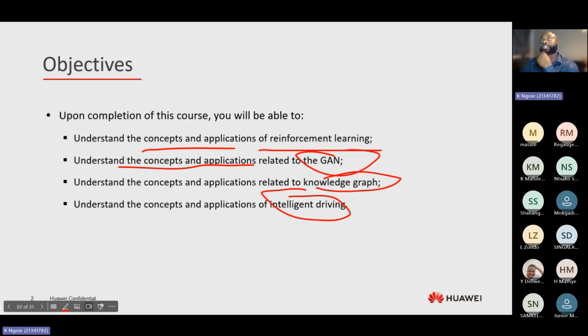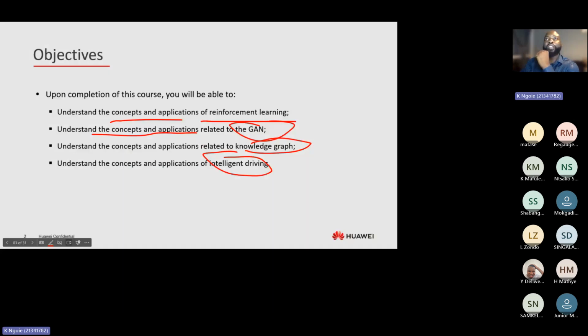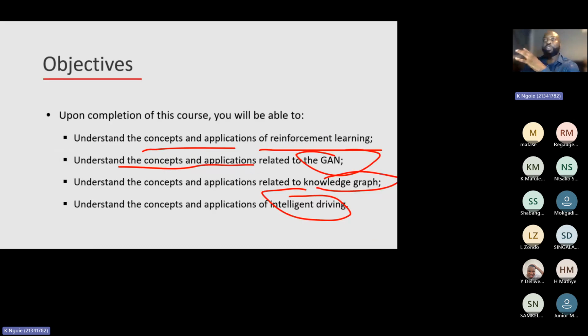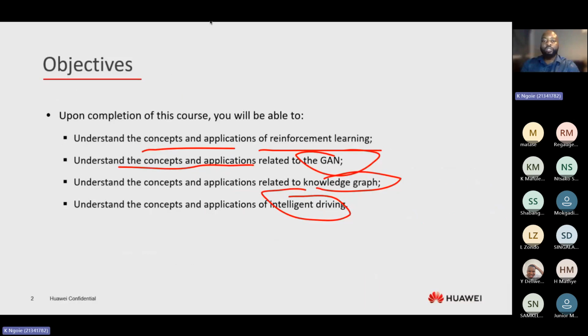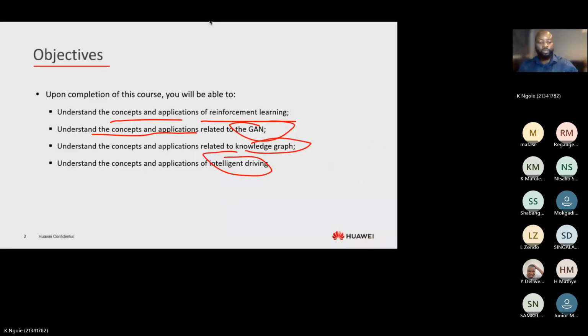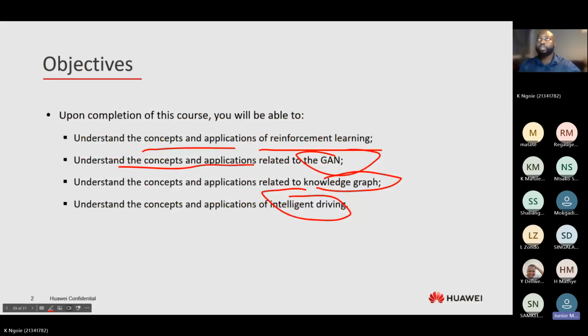Guys, this should be easy. I'm sure you've heard reinforcement learning many times. Like we spoke about it. It's a machine that learns from its mistakes. Yes, that is also a definition.